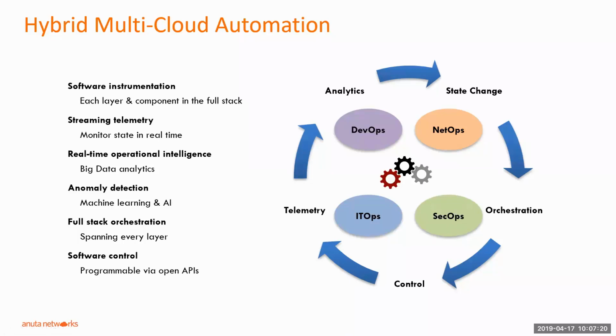And if there's a change to that state, we can feed that into an orchestration system, and the orchestration system can react appropriately, which usually translates into some type of control or reconfiguration of the underlying infrastructure. And so this is the model we want to work towards.